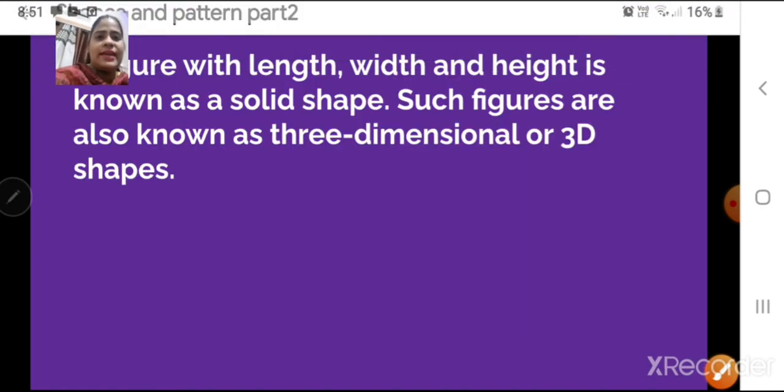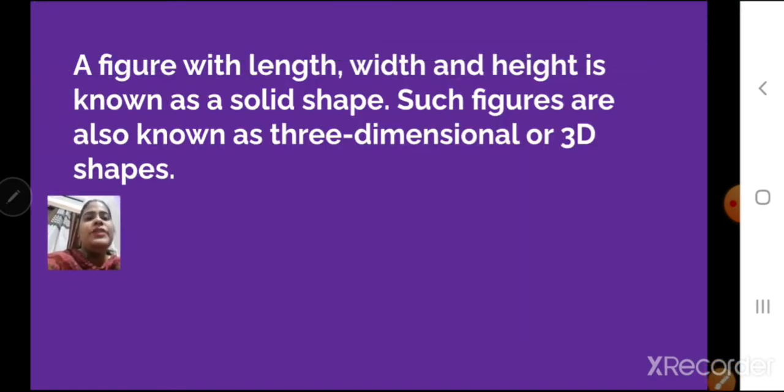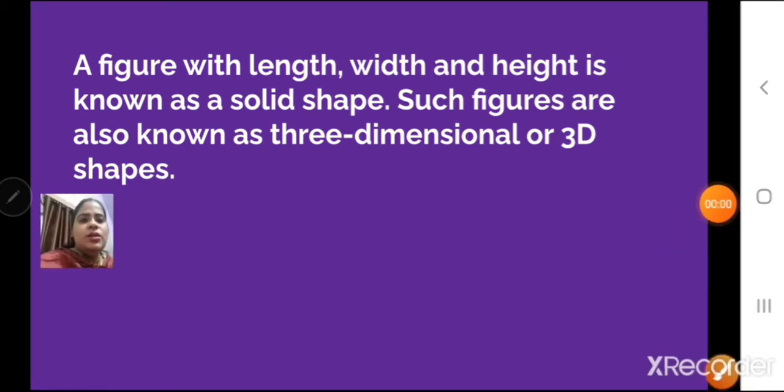Now let us understand. A figure with length, width and height is known as a solid shape. Such figures are also known as three-dimensional or 3D shapes, right? Children, we understand what a 3D image is, correct?